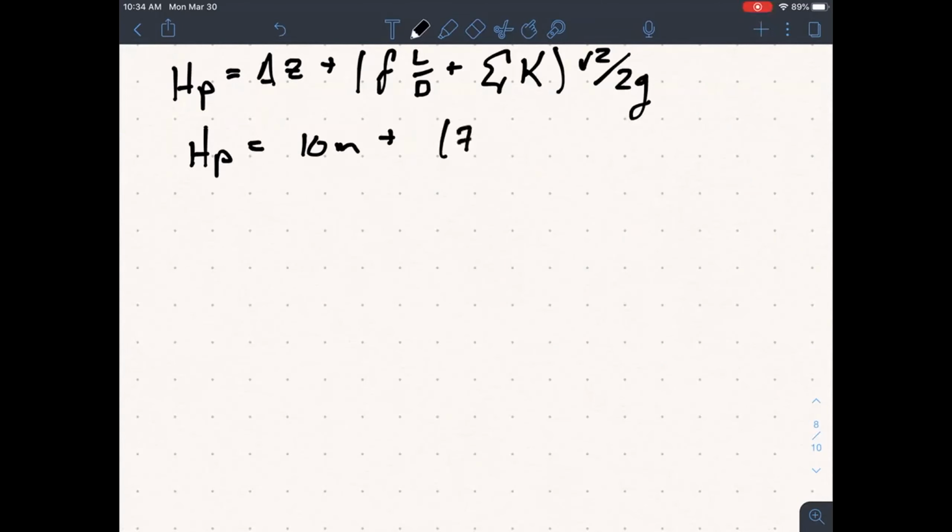So we'll just put our numbers in here. So 300 is going to be our length over our diameter. And then we add up our sum of Ks, which is going to be equal to 1.65.